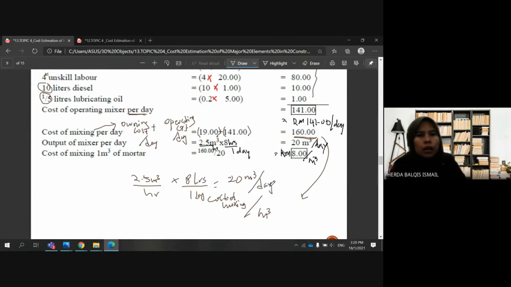So here you can calculate the mixing cost per cubic meter. We know that the mixing cost is 160 ringgit per day. Then you divide it by 20 cubic meters per day.